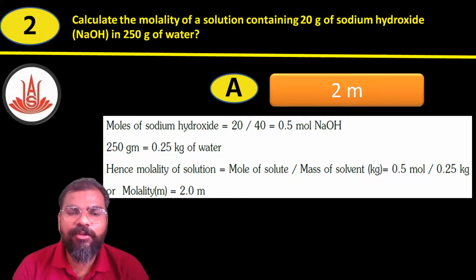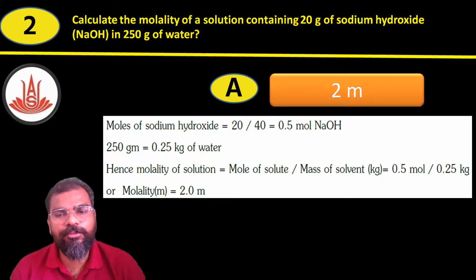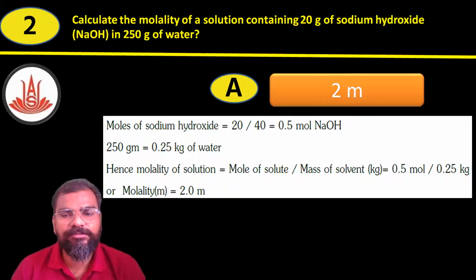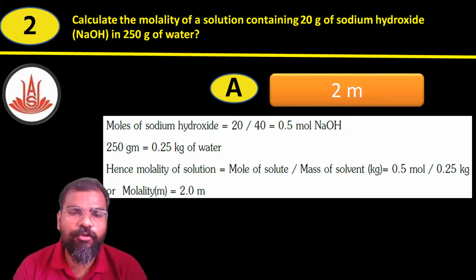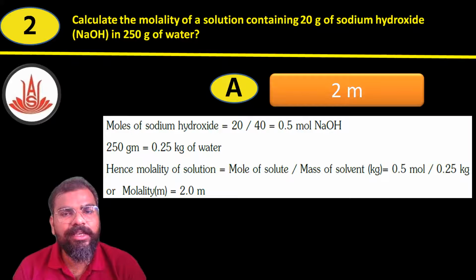Hence the molality of a solution is equal to mole of solute upon mass of solvent in kg. So 0.5 upon 0.25, the molality m is equal to 2 molar. So option A, 2 molar, is the correct answer for question number 2.